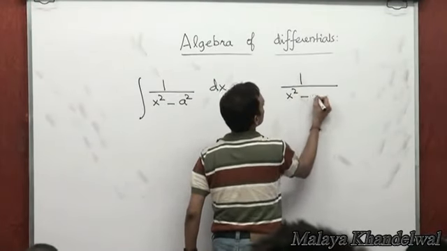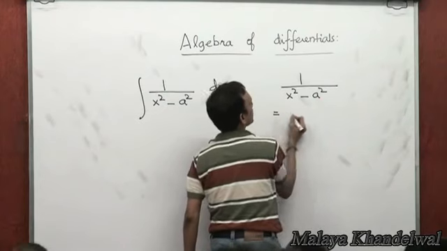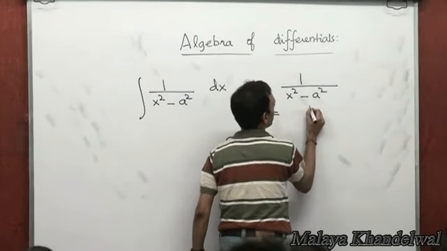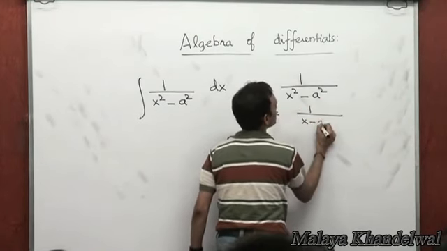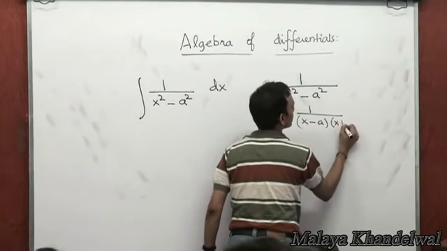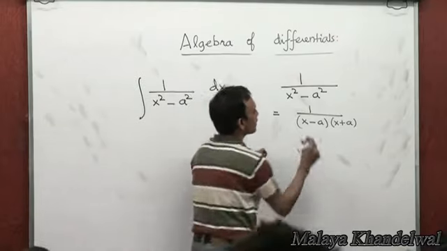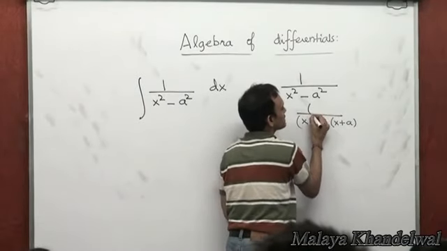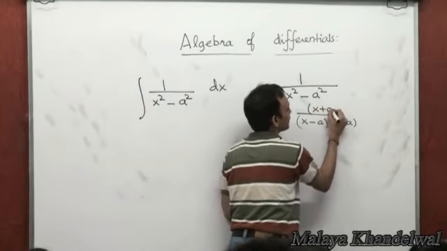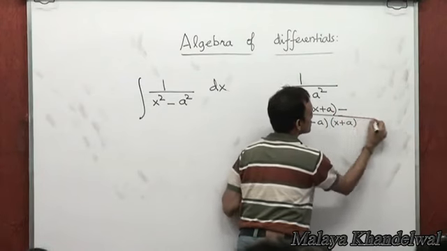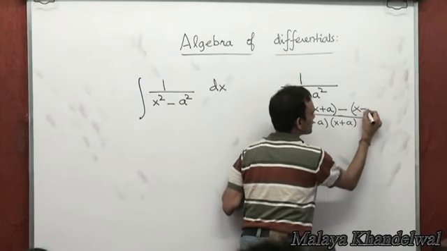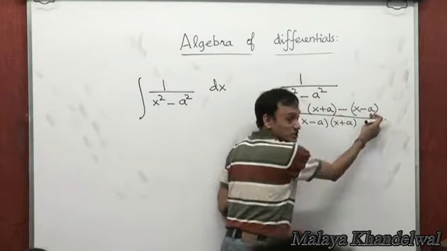This x squared minus a squared can I not write as x minus a into x plus a? Right? I could do this, right? And then the numerator could be written as x plus a minus x minus a. But that makes it 2a.